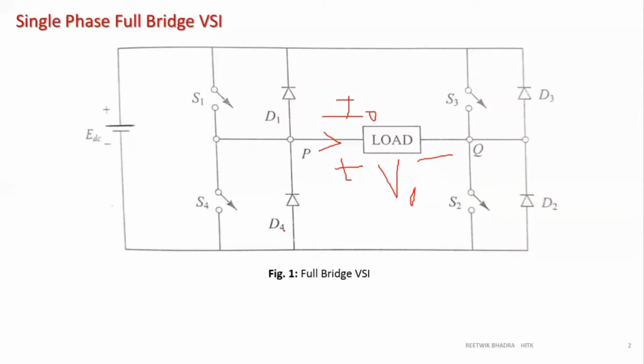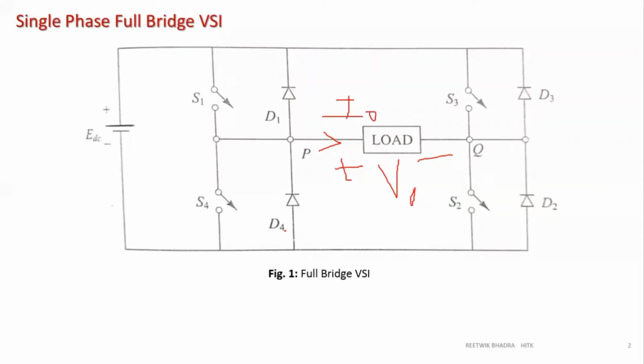So first we'll study using R load, do the analysis, do the Fourier analysis, find out the harmonic components of the RMS voltages or currents, whatever is required, and then we'll go on to the problem regarding this, then RL load.